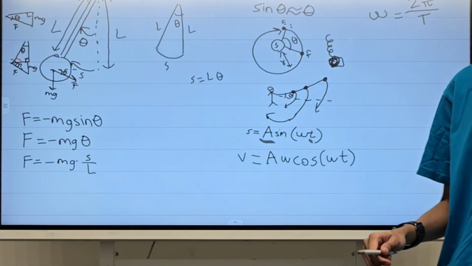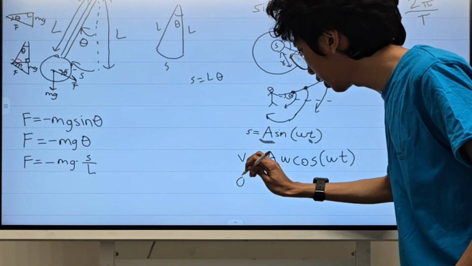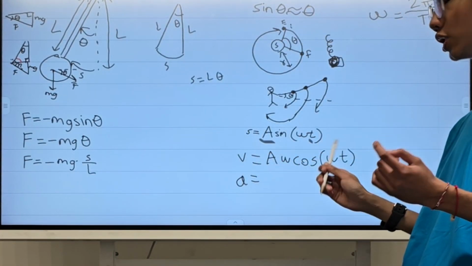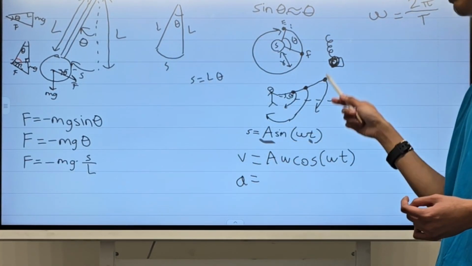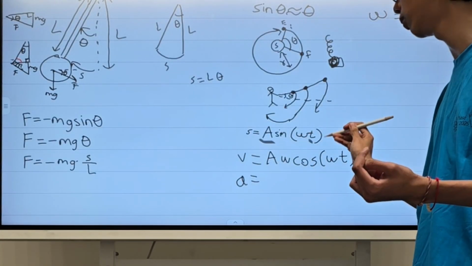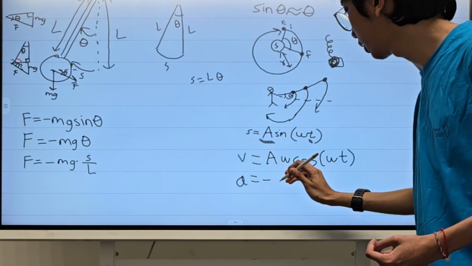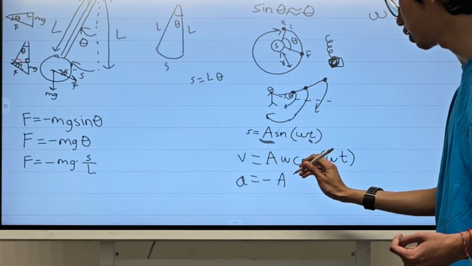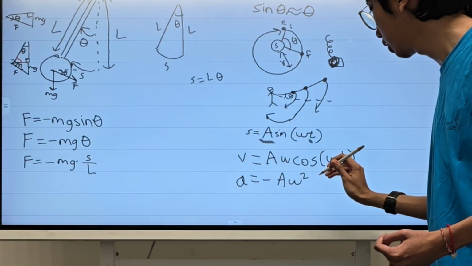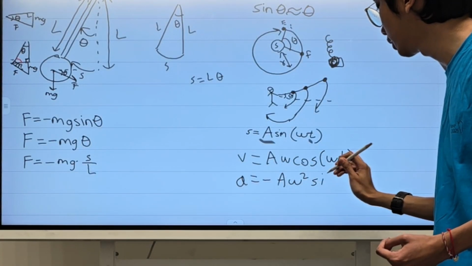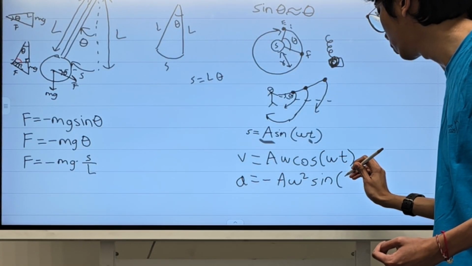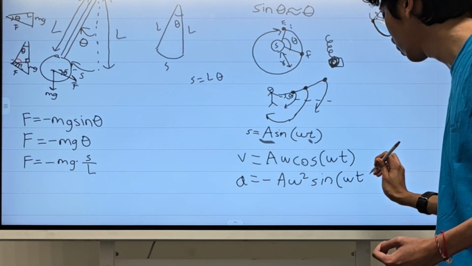Nice. Acceleration time. A is equal to differentiation again. Take it out, cosine becomes negative sine. So I'm going to write a negative in the front. Negative A omega, that means omega squared, negative sine of omega t.